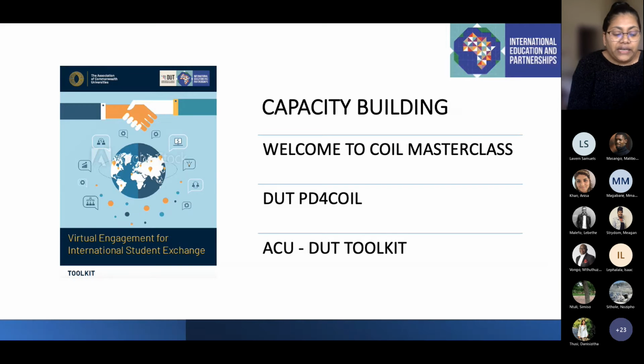So in driving internationalization and its different initiatives at DUT, we have also had to develop a number of capacity building initiatives. This includes the Welcome to COIL Masterclass that we recently presented at the last ISA conference. This is an introductory workshop to COIL as a concept.